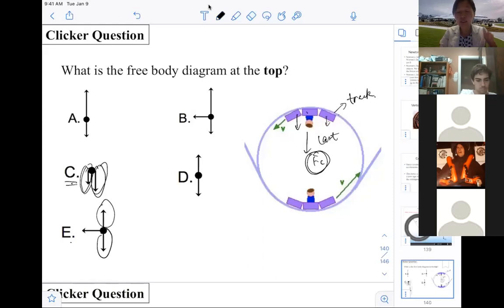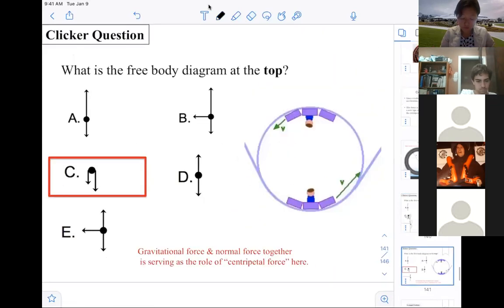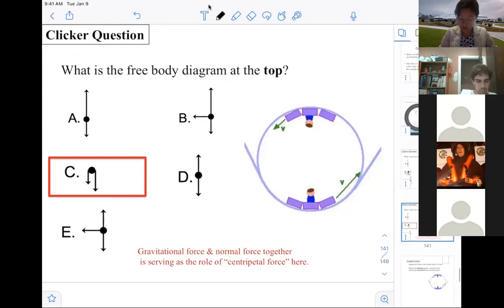When you're barely hanging onto the track, the normal force goes away. But in no case is your normal force upward; it's always pushing down on you. So the answer here is C. It serves as a centripetal force.